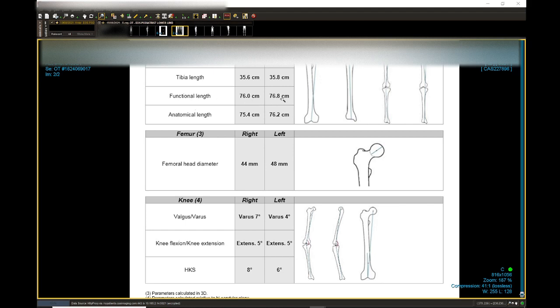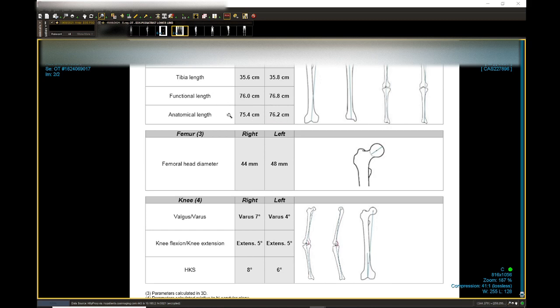It's saying that there's a leg length difference between the right and the left: the right leg is shorter by 8 millimeters or 0.8 centimeters. If you look at the anatomical leg length, or what we consider the structural leg length, it's the same. We've also got an 8 millimeter difference between the right and left.